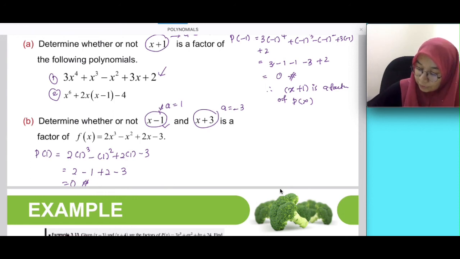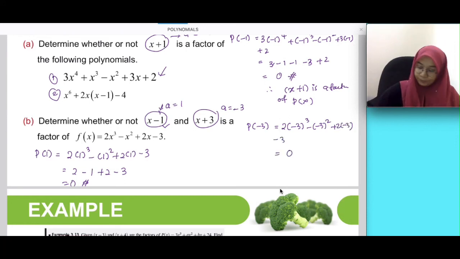So how about negative 3? P(-3) is equal to 2 times negative 3 cubed minus negative 3 squared plus 2 times negative 3 minus 3.